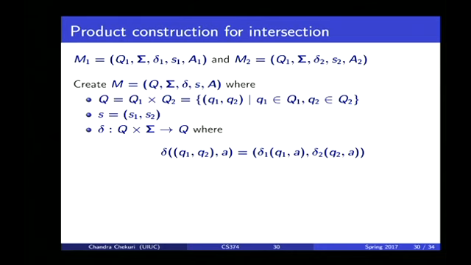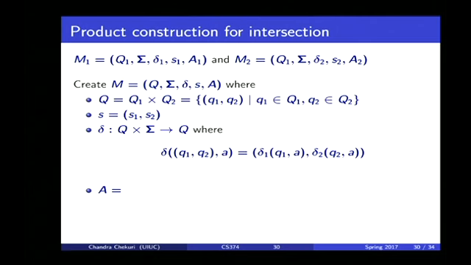And what should my acceptance states be? Remember, I'm trying to recognize the intersection. When should I accept a string? If the first machine accepts and the second machine accepts. That's the intersection. When will the first machine accept?